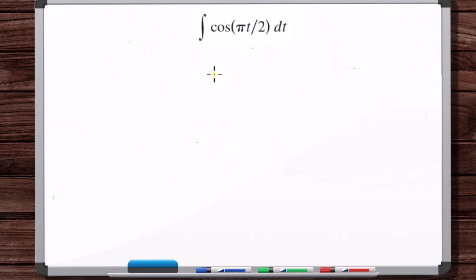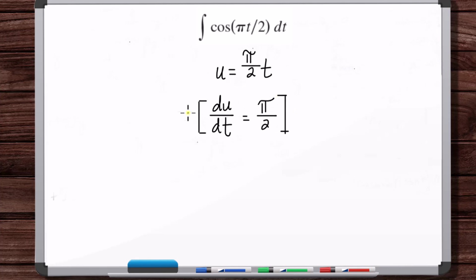Okay, so let's substitute. u is equal to pi over 2 t. Okay, so we can replace what's inside here, and then if we do du dt, we get just pi over 2, so that we can find the differential du, which is equal to pi over 2 dt.